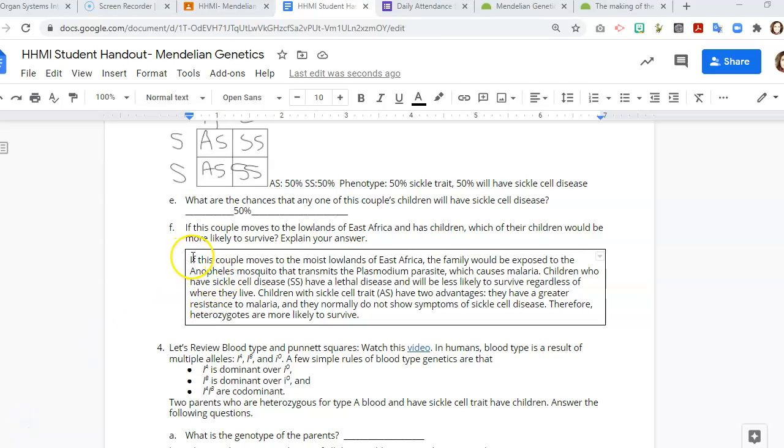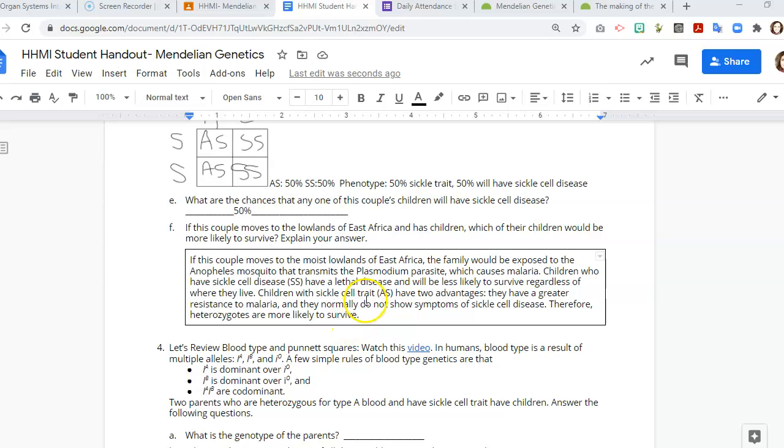All right, so I went ahead and filled in, added a little bit of information so that way you guys can kind of get the whole picture here. So if this couple moves to the moist lowlands of East Africa, the family would be exposed to the Anopheles mosquito that transmits the Plasmodium parasite, which then causes malaria. Children who have sickle cell disease have a lethal disease and will be less likely to survive regardless of where they live.